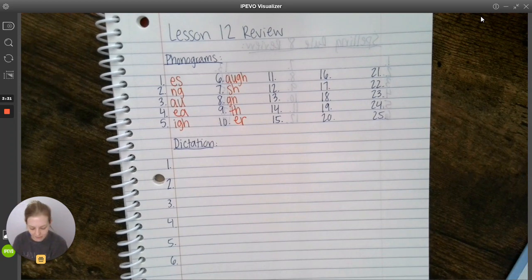Number 11, 3-letter ch. Number 12, oi, that may be used at the end of English words. Oi. Number 13, 2-letter used only at the beginning of a base word.